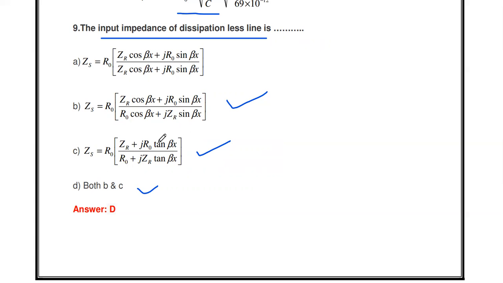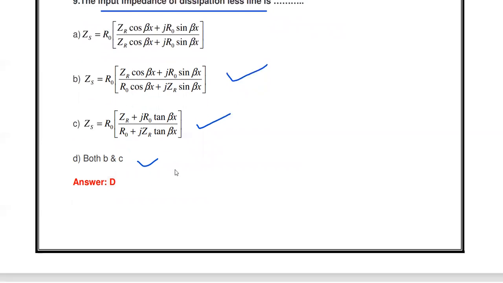Both formulas are the input impedance of the dissipationless line. You just note down and remember this input impedance of the dissipationless line. For the ordinary transmission line equation, this j part is not at all available. Instead of this j R naught, there will be Z naught, and instead of this beta, there is a gamma, the propagation constant.